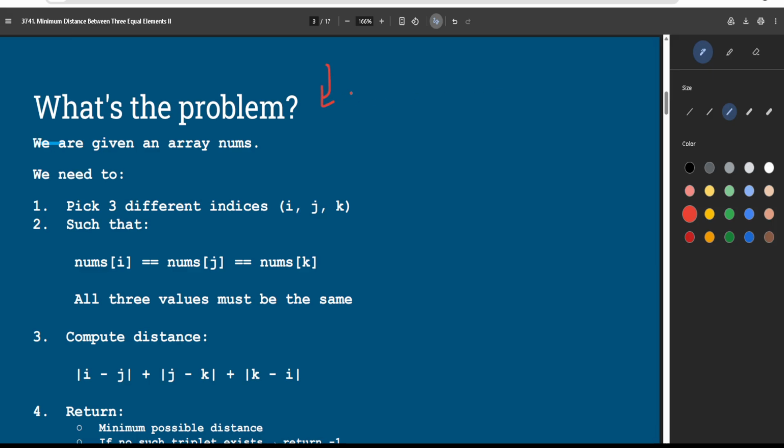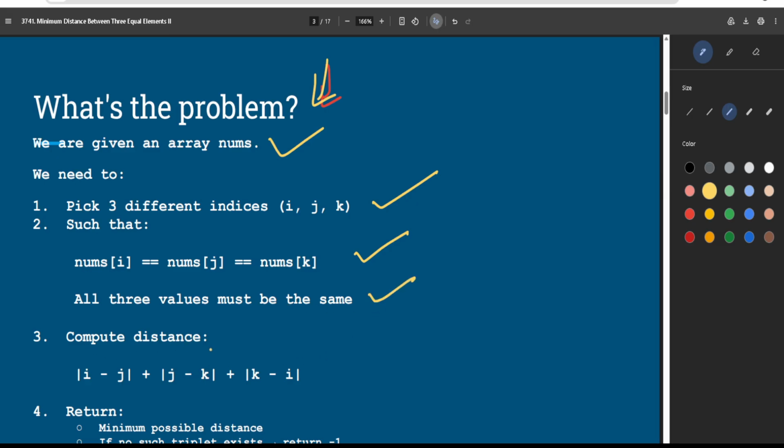Let's recap what we have been given. We are given an array nums and we need to pick three indices i, j and k such that nums[i], nums[j] and nums[k] are equal, meaning all three values must be the same.